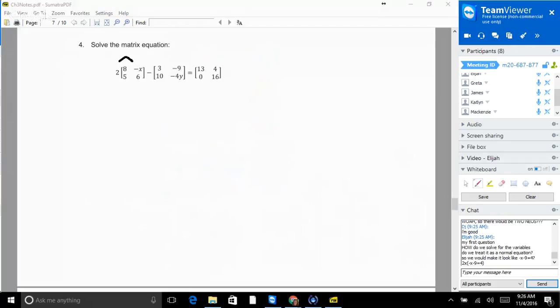Okay, so the first thing that we want to do is just like we would do in order of operations. We have 2 things that are happening, right? We have 2 multiplied by the first matrix, and then it's subtracted by the second one. So we want to do the multiplication before addition and subtraction, just like we would do in a regular equation, right? So we're going to scale up this first matrix by multiplying everything by 2. The first row, first column is 2 times 8.